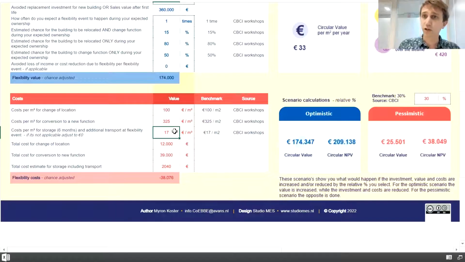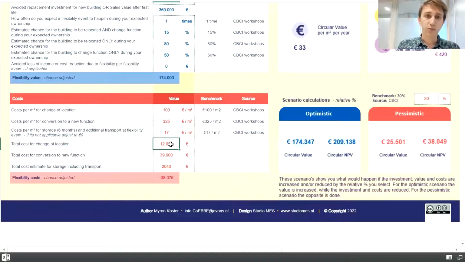And then we have potentially storage costs. So if on site you don't have a location to store your materials and you need extra transport, we expect 17 euros to be enough to do the storage and transport for half a year. Then we have total costs for the change of location, resulting in 12,000 euros, new function 39,000 euros, and transport 2,040 euros.